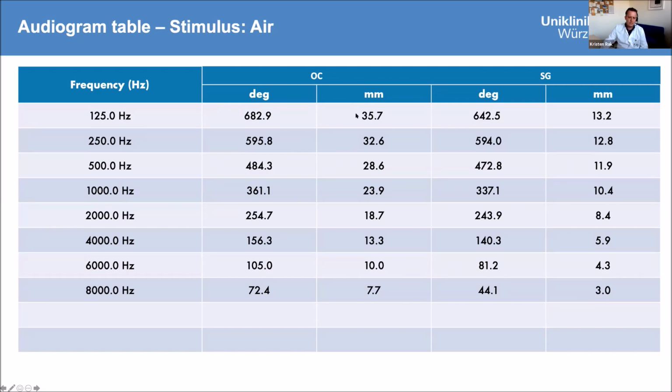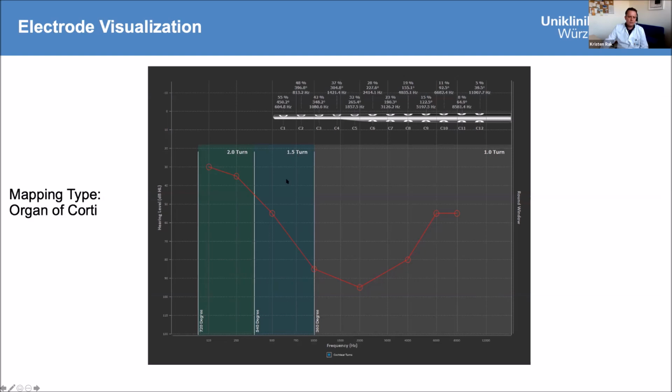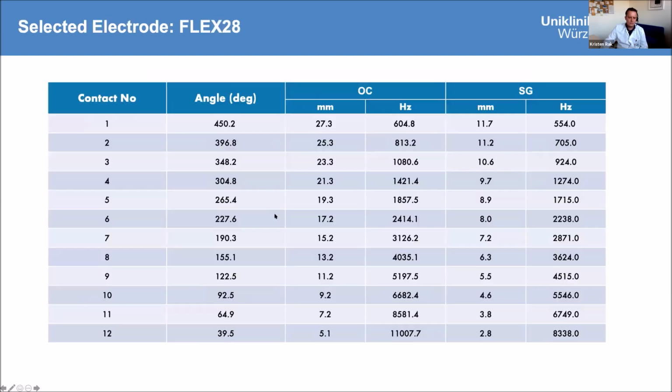It is in this patient at 35.7 millimeters. Then we chose the Flex 28 electrode in this patient. You can see here at 55 decibel, that's the area how far we wanted to insert the electrode. Afterwards, we get the slide, which I've already shown, which shows which contact should go as far in.